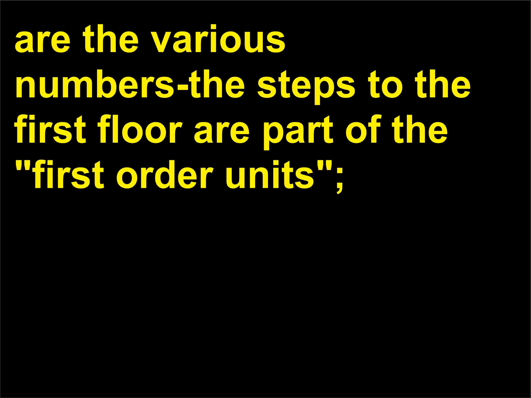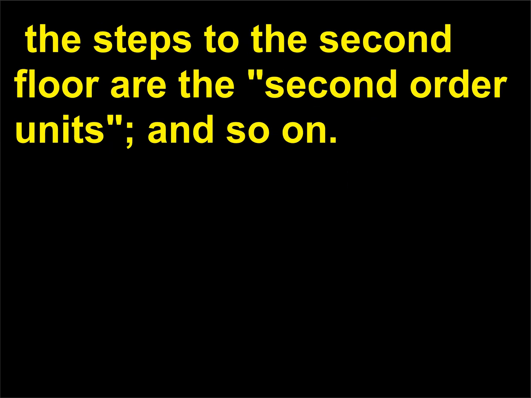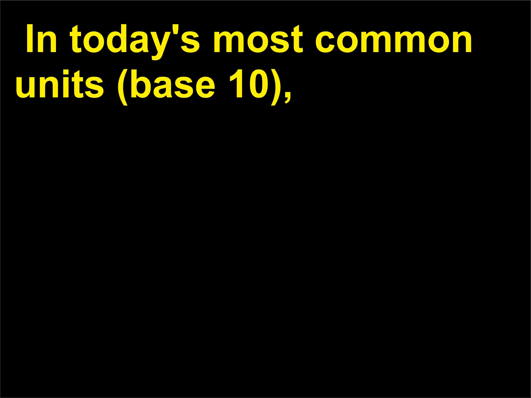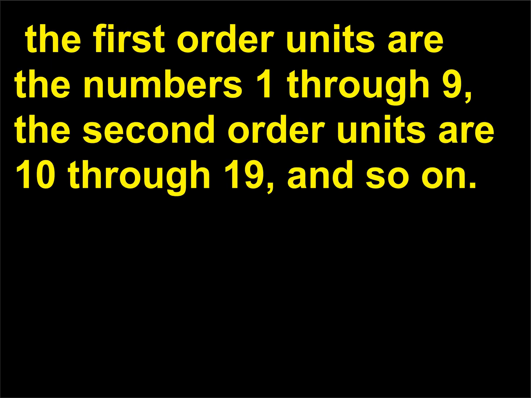The steps to the first floor are part of the first order units. The steps to the second floor are the second order units, and so on. In today's most common units, base 10, the first order units are the numbers 1 through 9, the second order units are 10 through 19, and so on.